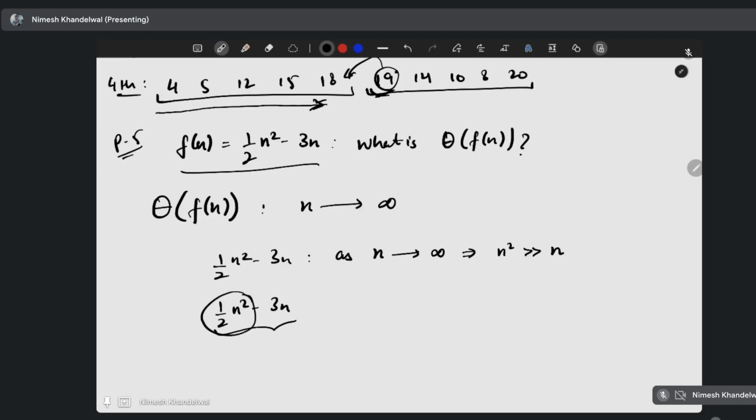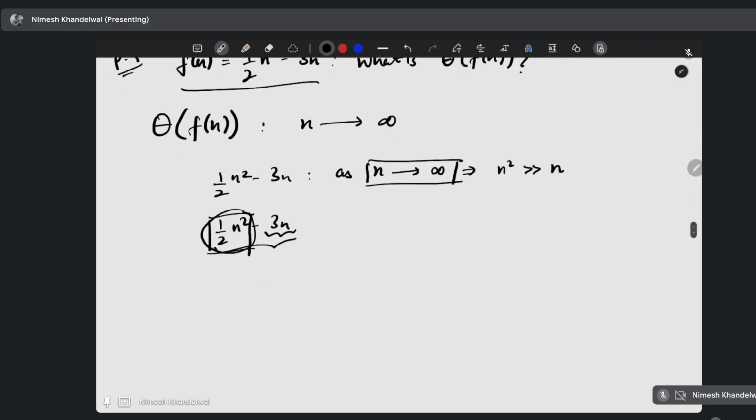This linear term will be negligible for very large values of n compared to this quadratic term. So 1 by 2 n squared is much larger than 3n, and we can ignore this term because it is very small compared to this.